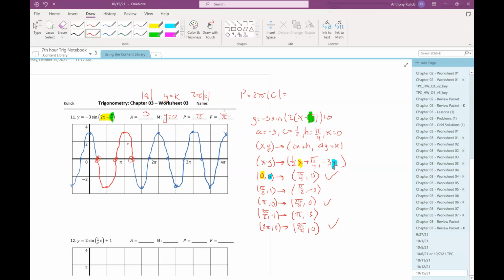So I'm just going to plot one period because the graph just does the same thing over and over and over again. I'm just going to do one cycle, and then follow the pattern and keep doing the same thing over and over again. Same distances between every point, same height for every point, same order of the points occurring. Nothing else changes. Once I have one cycle, I can just keep going. So should we graph the entire graph with the cycle, or just one? Yeah, you should really fill the space.